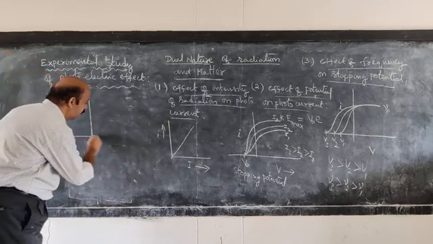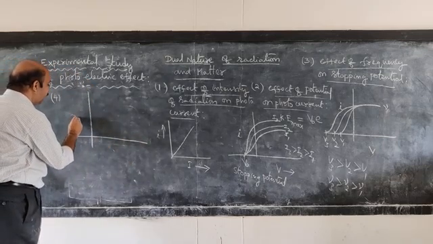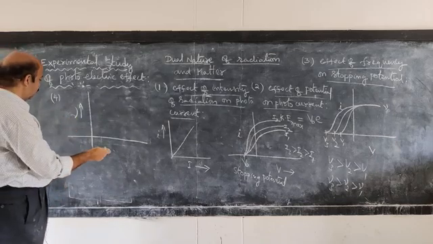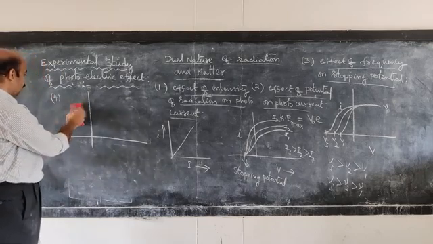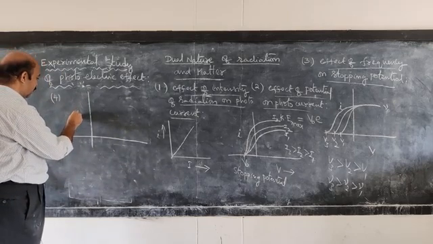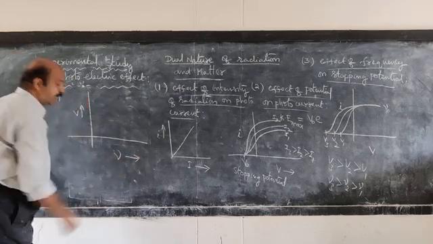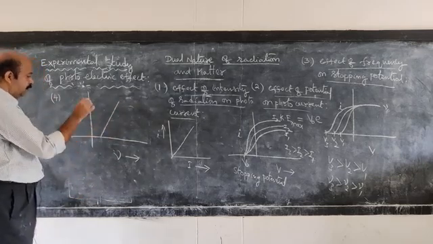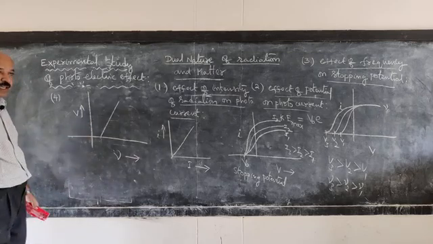Taking the stopping potential on the y-axis and frequency on the x-axis, for a given metal used as cathode, the graph is a straight line.